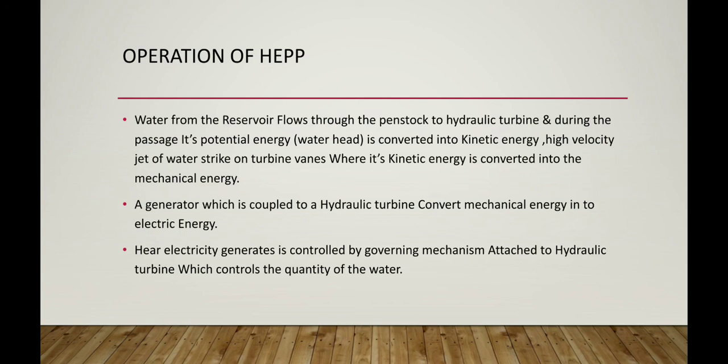A generator coupled to a hydraulic turbine converts the mechanical energy into the electrical energy. The electricity generation is controlled by a governing mechanism which is attached to the hydraulic turbine and which controls the quantity of the water.